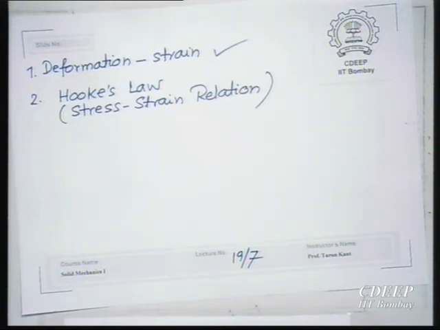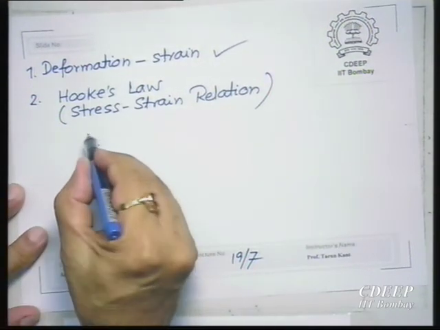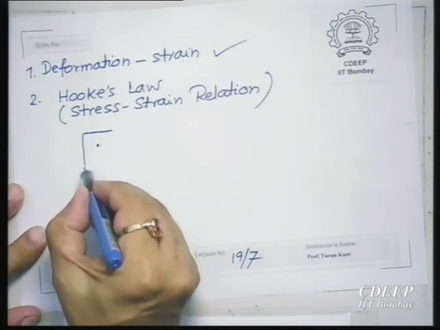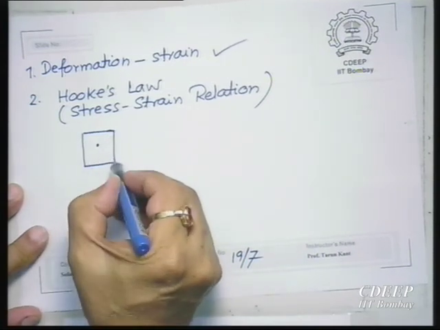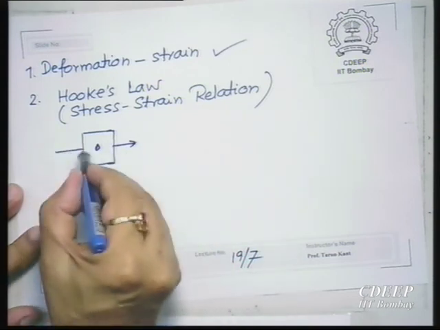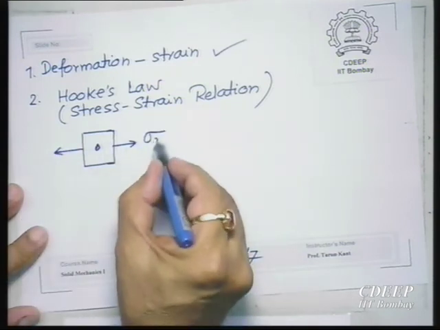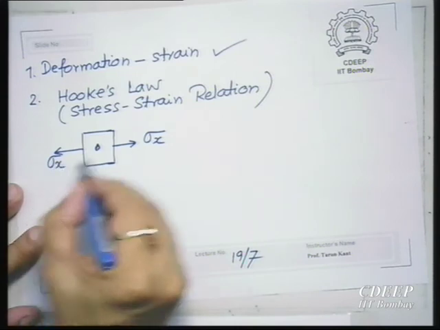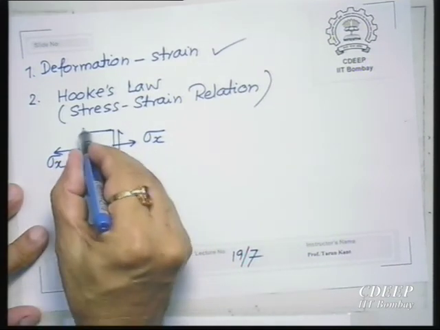Now comes this consideration of Hooke's law. At any point P, I already told you that the state of stress present is plane stress, and you have sigma x, you have shear stress.